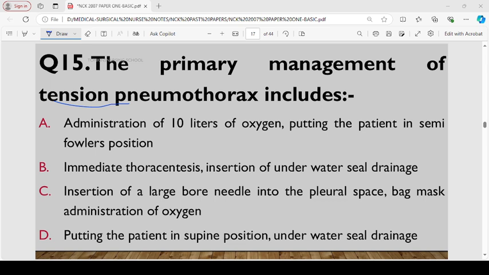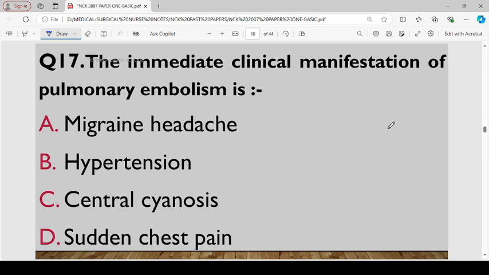When you insert the large bore needle, that is correct. But oxygen administration via the mask becomes secondary. Supine position is inappropriate because we need immediate thoracocentesis, right? So the option that tells us such is option B, immediate thoracocentesis. That is the treatment for that case.